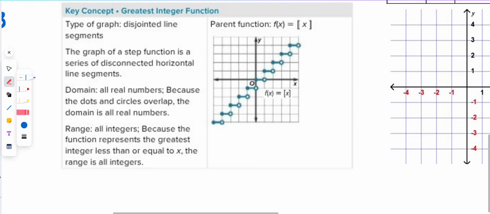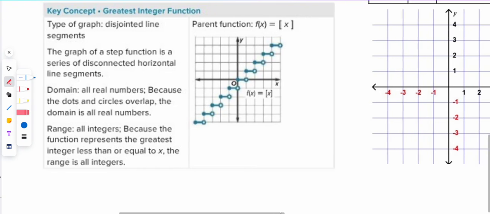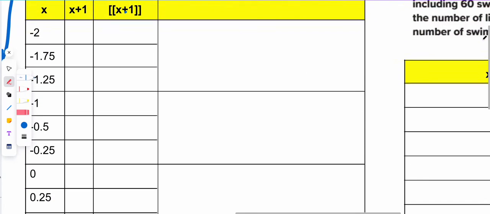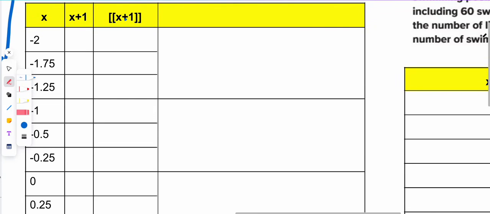So I have a table already created for us with some x values plugged in, and we're going to see what we get out, but then we have to apply what that function means, so our greatest integer. If I plug in negative 2, I take negative 2 plus 1, which is negative 1.